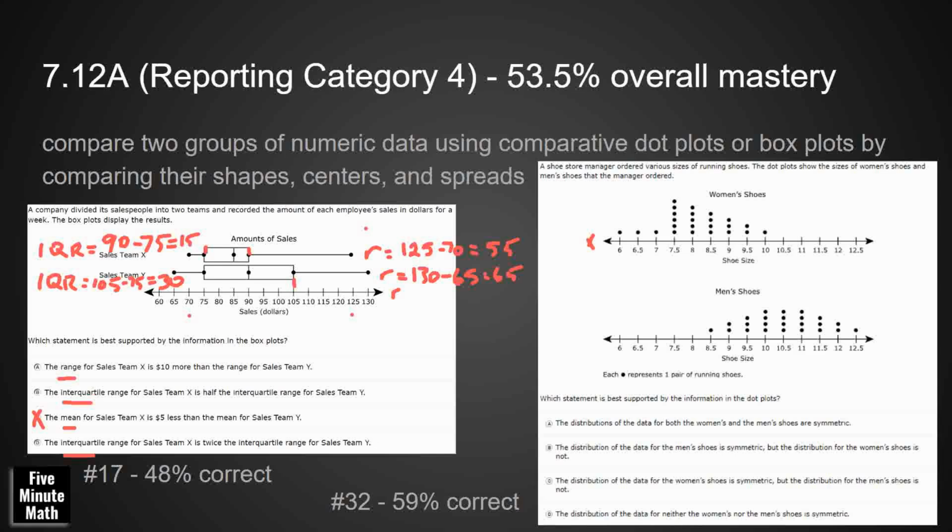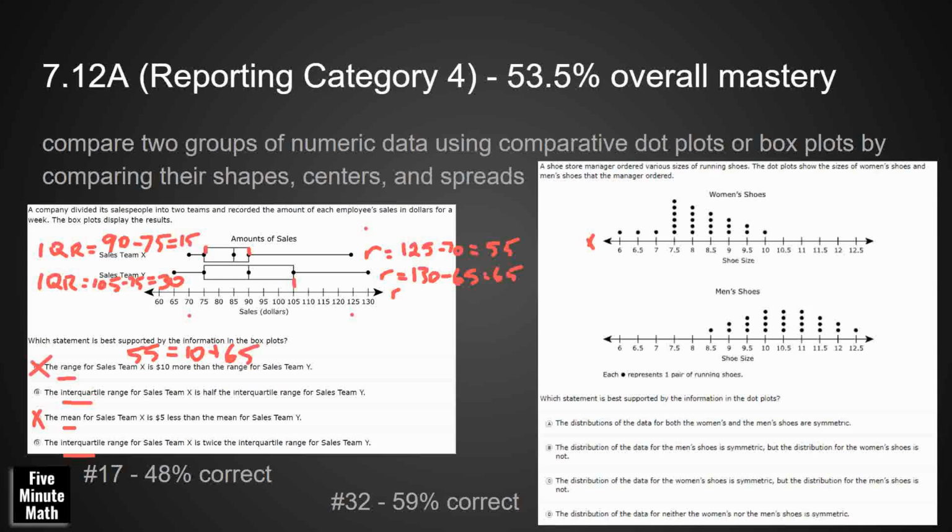All right, so the range for sales team X, which is 55, is $10 more than sales team Y. No, it is $10 less. So that's not going to work.